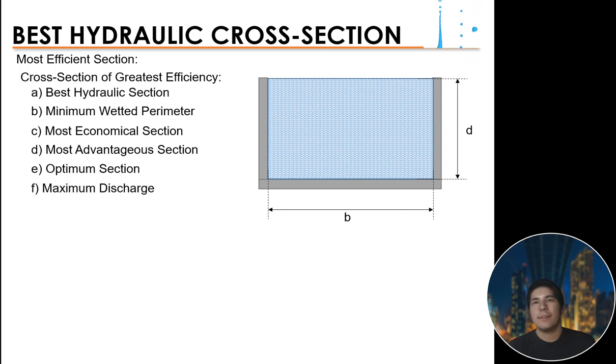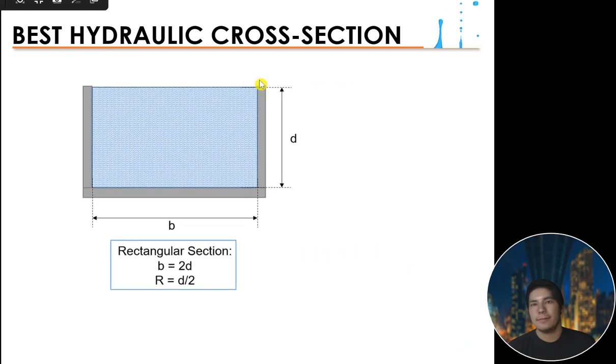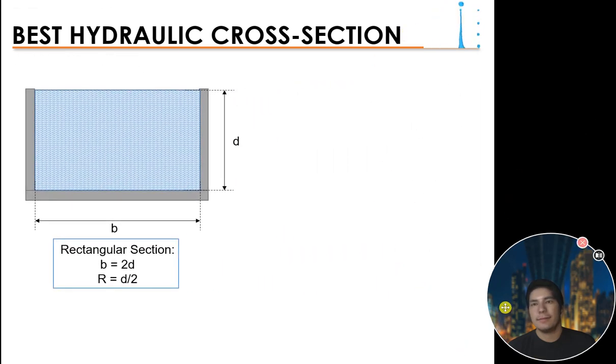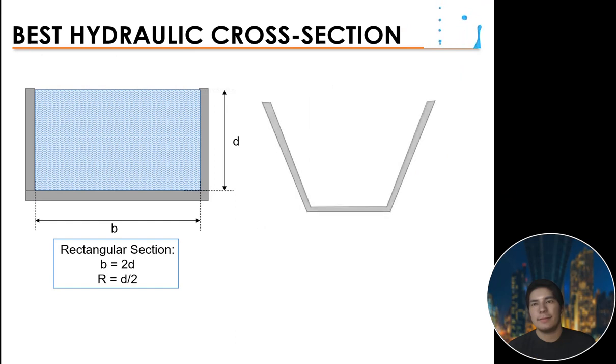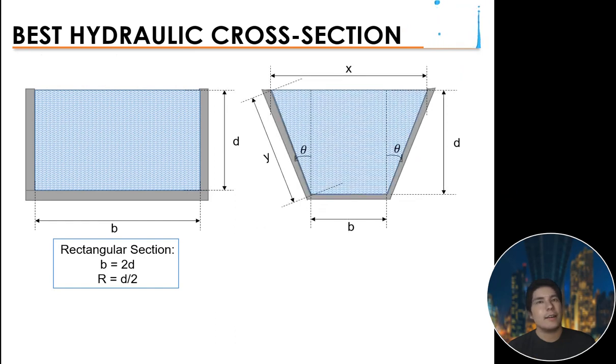So first is the rectangular. For rectangular section, for most economical section, B is just twice the depth and the hydraulic radius is just the depth divided by 2. And for trapezoidal, it is half of a hexagon.